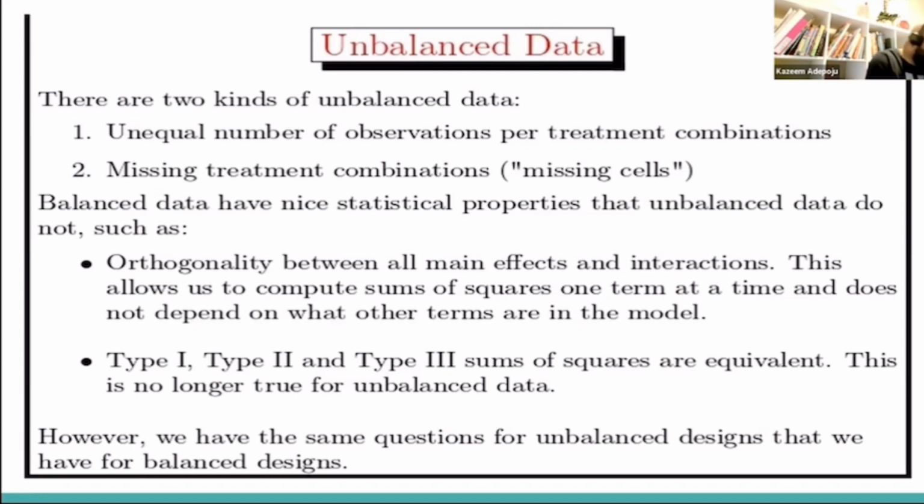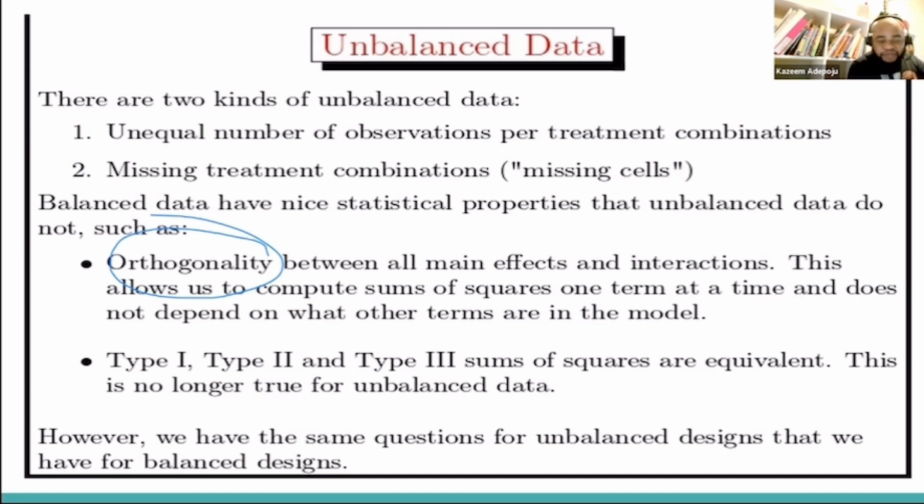When you talk about orthogonality, you remember in class, when I was teaching contrasts, I gave a condition under which contrasts are orthogonal. And when contrasts are orthogonal, you know what that means. It means the contrasts are independent.